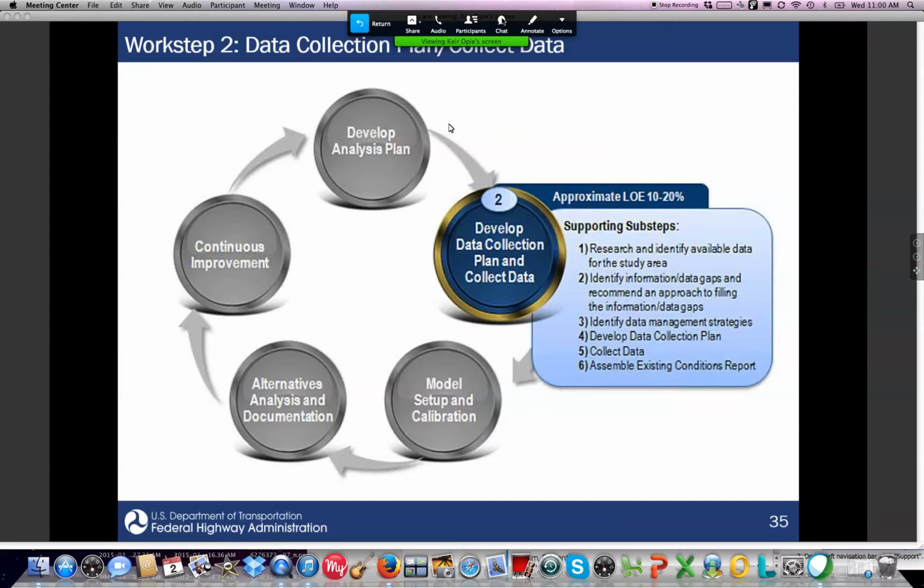Data management is also something to consider. We have to get out of the mindset of one-off ATRs and one-off turning movement counts. Those are snapshots of how the system is performing. An analogy would be, I can check my wrist and say, okay, there's a pulse, I know my heart's beating.